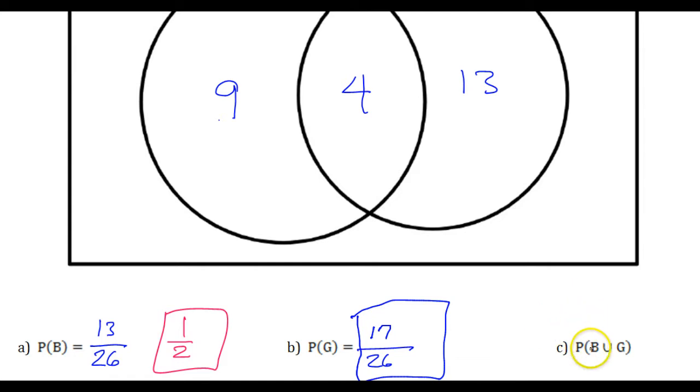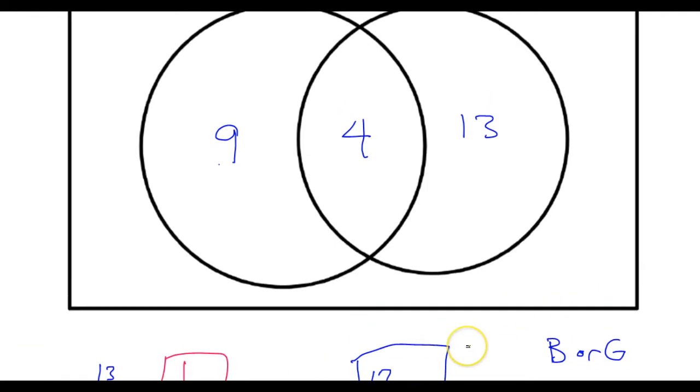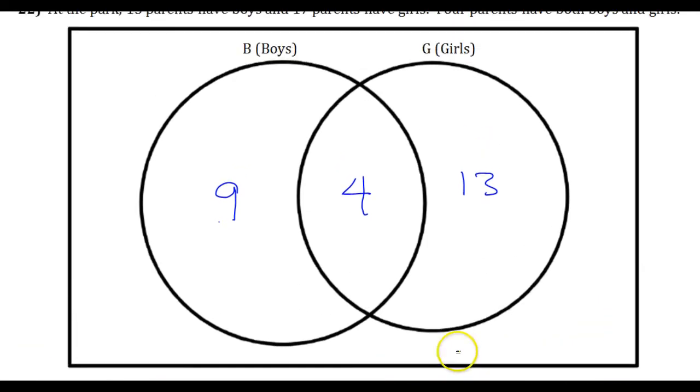Okay, what about this? Now, B union G. That means the same thing as B or G. That's all of both. That means anything that's a boy, whether you have a boy or if you have a girl.